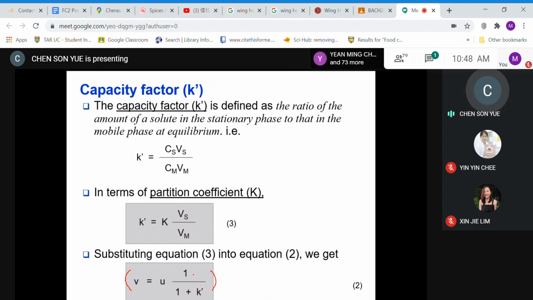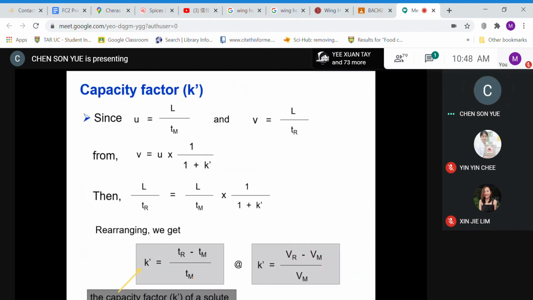And now we know how we derived the formula until here. The rest you can go through if you want; if you don't need it, just follow what I told you just now. Remember V is L over TR.